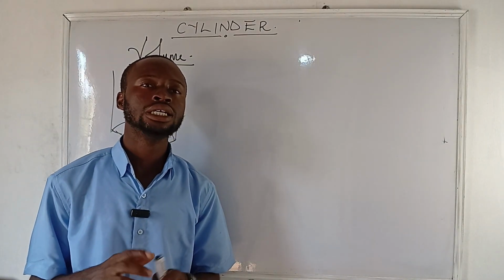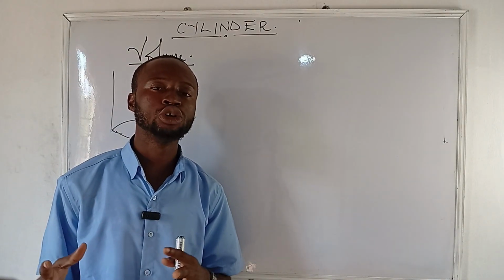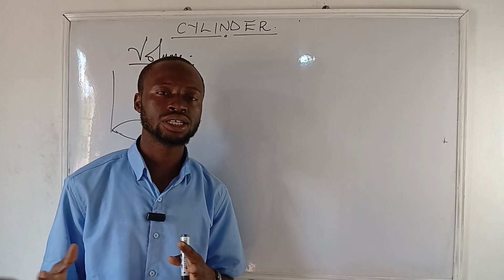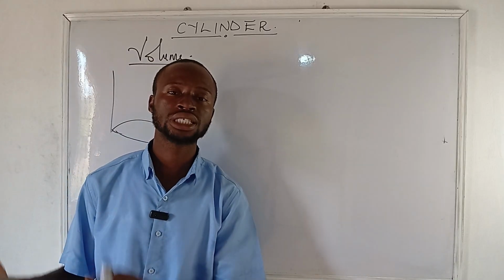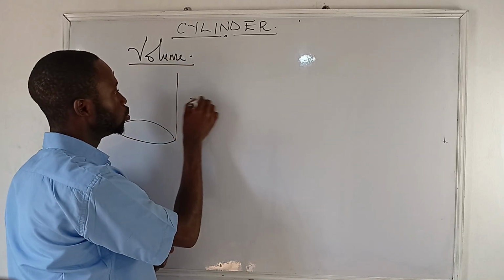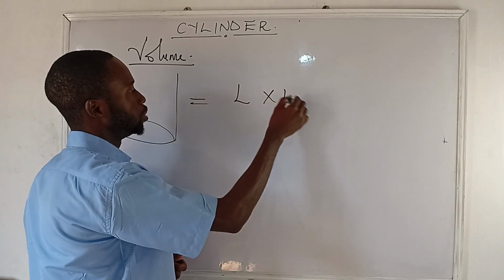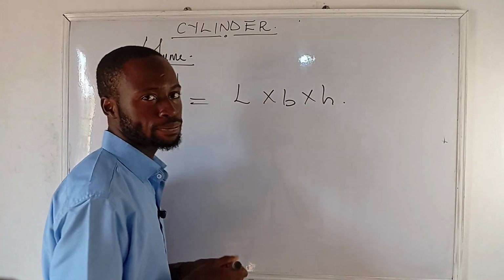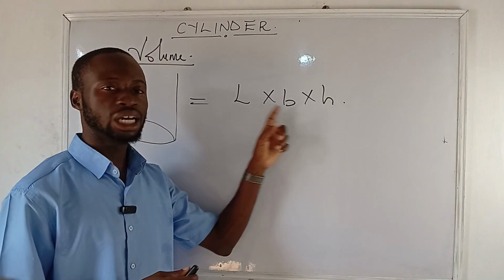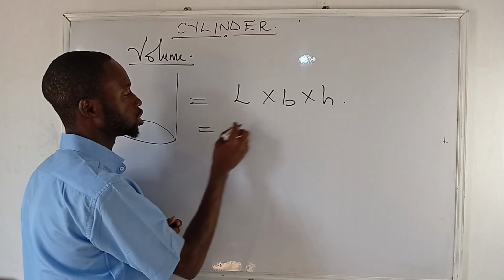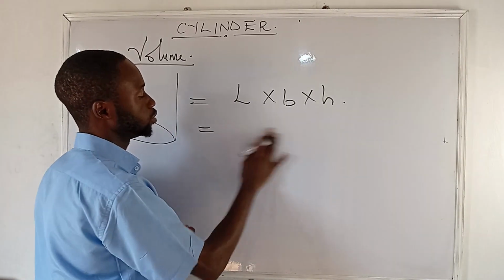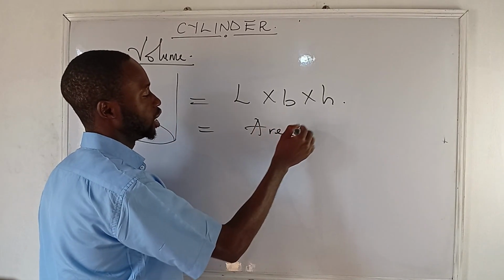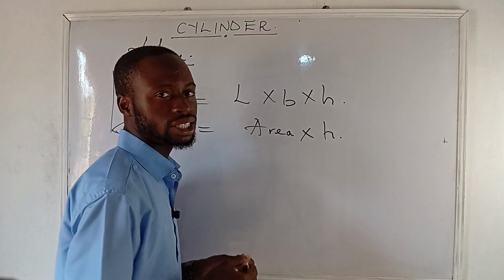Now remember that when you talk about volume, in physics we deal with length times breadth times height. So volume in physics is length times breadth times height. Now if I talk about length and breadth, what am I talking about? I'm talking about area. Then we have area times height.